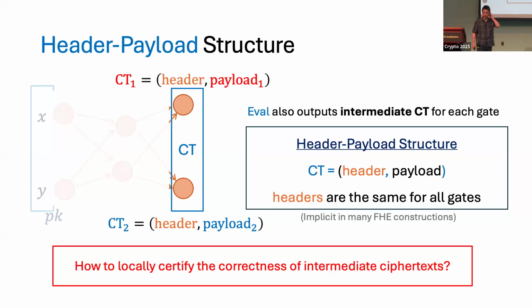Also recall that in the lattice-based FHE, for each intermediate gate in the FHE evaluation, the homomorphic evaluation is deterministic. So we can recompute the homomorphic evaluation for the intermediate gates to certify the correctness of them. So we need a similar property in our construction.